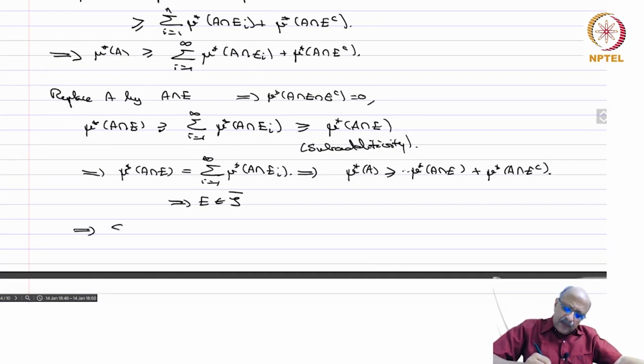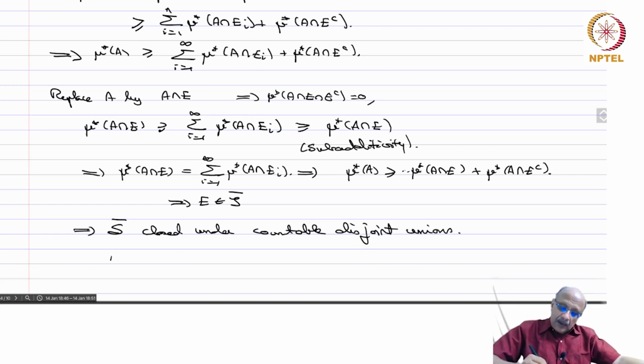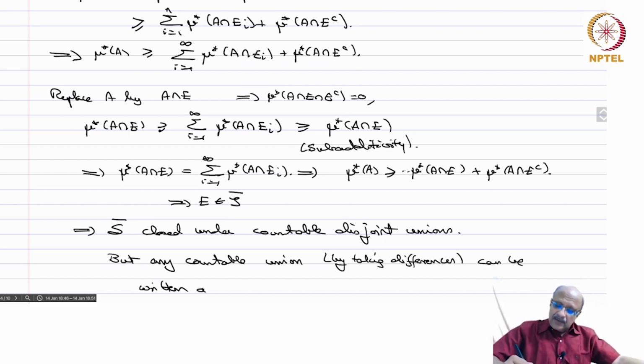So this implies that S bar is closed under countable disjoint unions. But any countable union, by taking differences, we have already done this, can be written as a countable disjoint union in a ring.